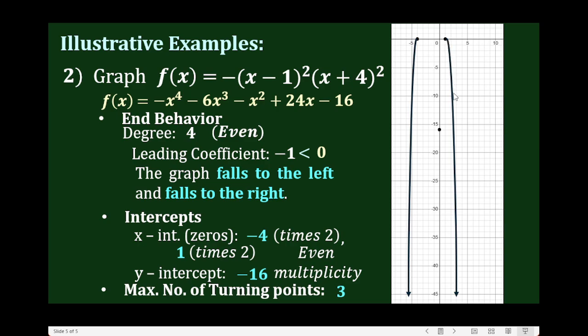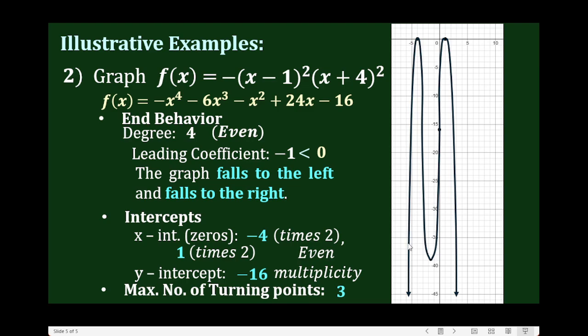So if the graph is increasing, upon reaching this point, it will decrease like this, and then cross the y-axis at coordinate -16. Same thing with this one, it will go down. And we have the graph which is in the shape of the letter M.